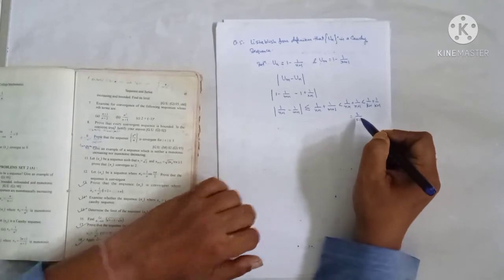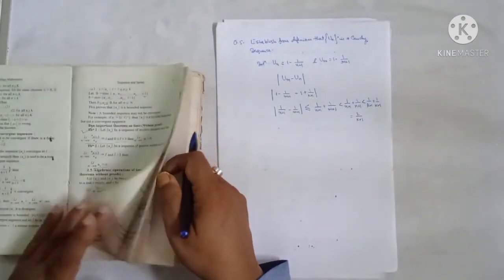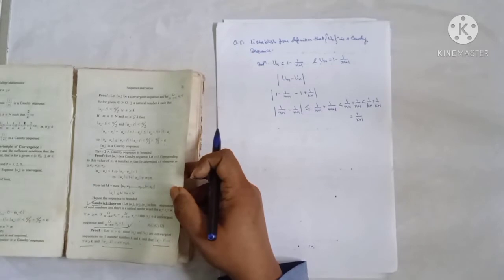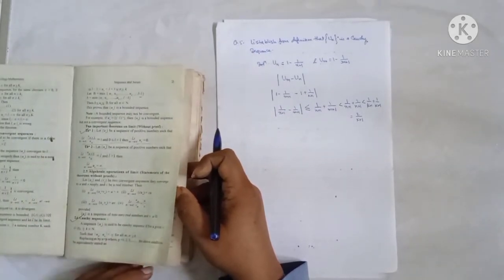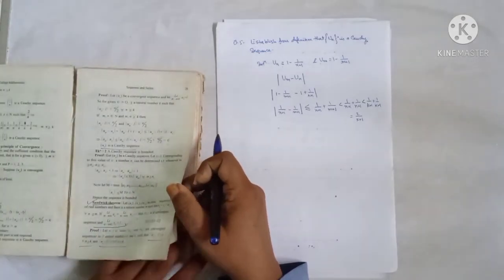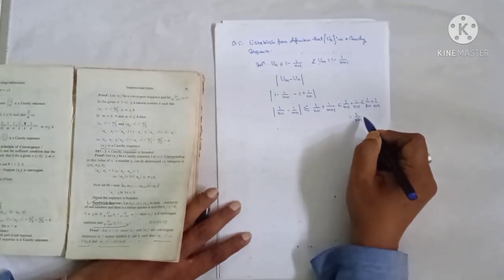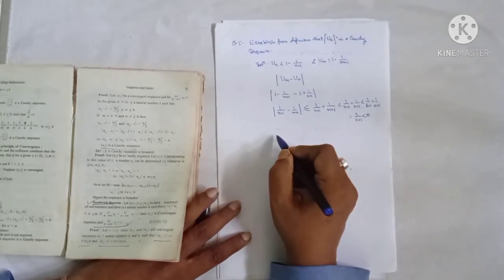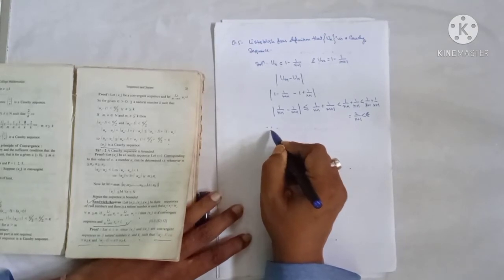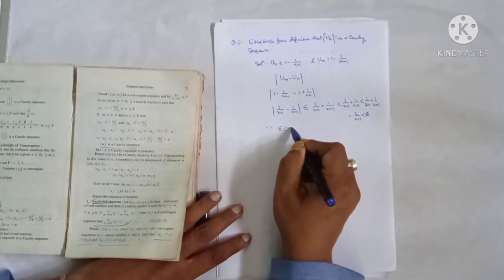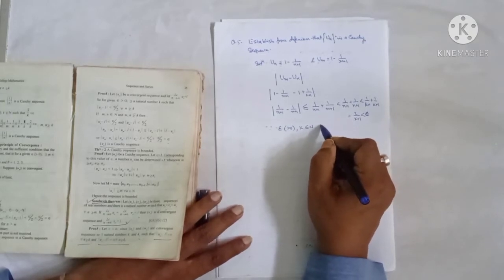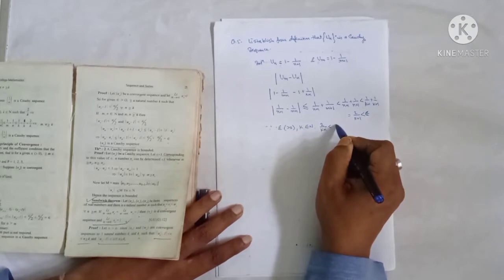Here, as per theory, this is less than epsilon, since for epsilon greater than 0 and k belongs to n, 2 by k plus 1 is less than epsilon.